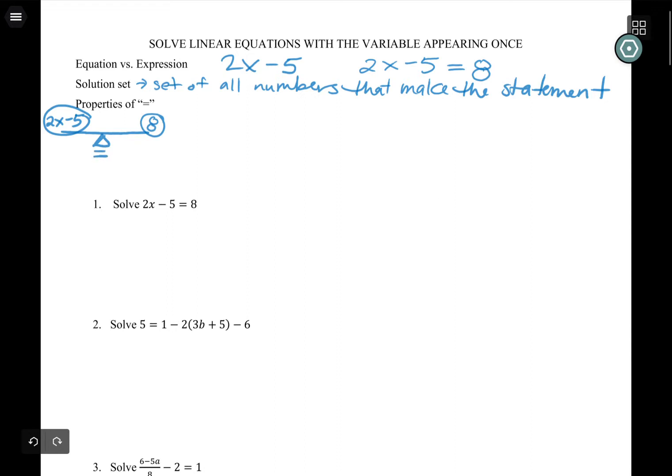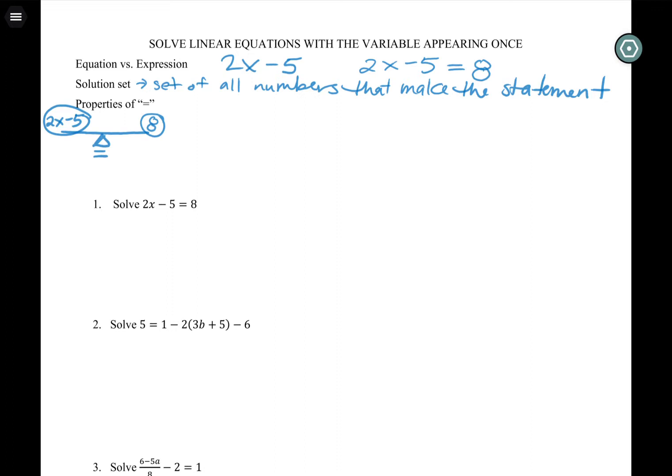They balance each other, and we need to maintain that balance. So the properties of equality are things that we're allowed to do that won't mess up the balance. This is kind of similar to expressions where we don't want to change their value, so we either multiply by 1 or add 0.